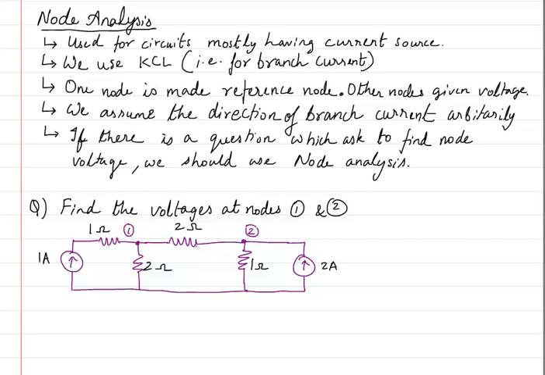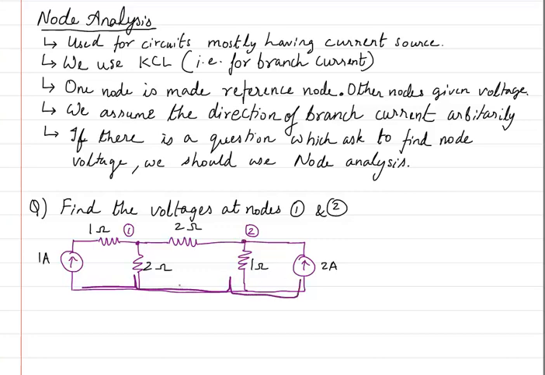But we will not do that in this particular problem, because we are asked to find the voltages in these two. So we will take the third node and ground it. Originally, how many nodes are there here? Originally there are 3 nodes. The first node is this one, the second node is this one, and the third node is all of this combined.